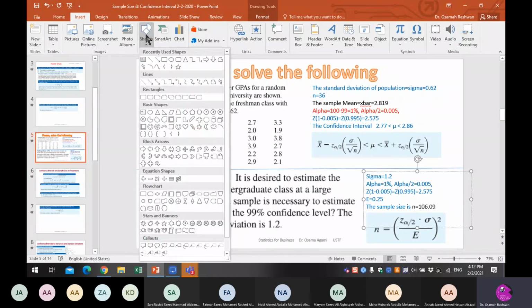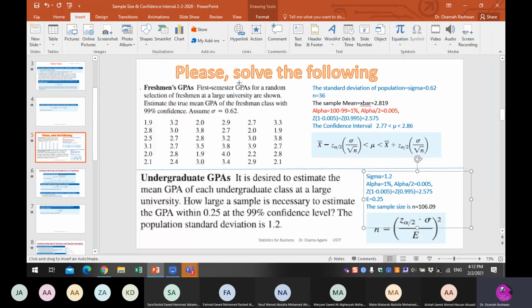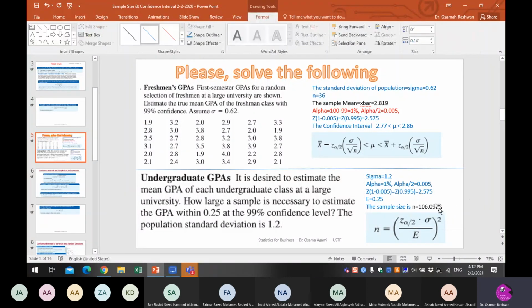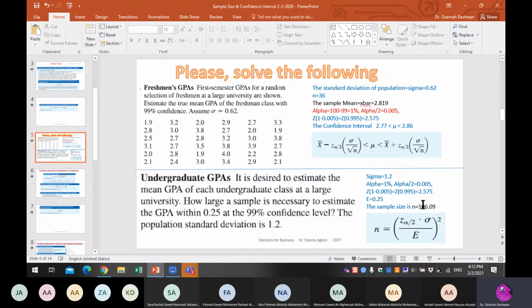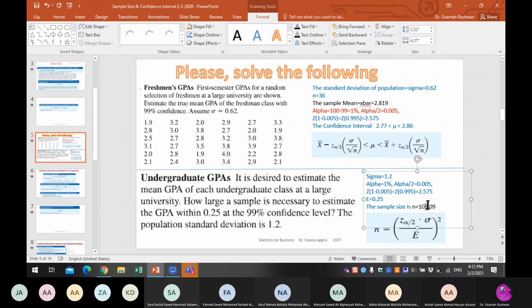Yes, that's so good. So we have to not round it. I don't like the word round it. We have to take the next value, or the next whole value. Catch it? So it will be 107. This is the main point.